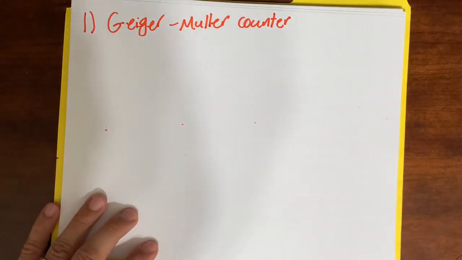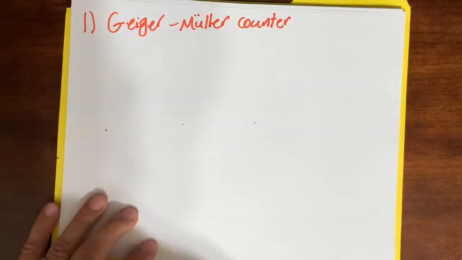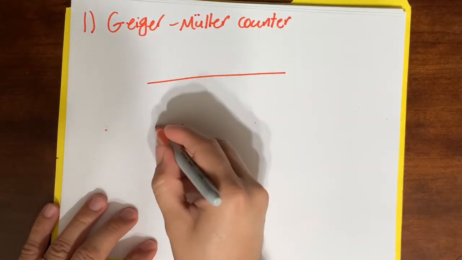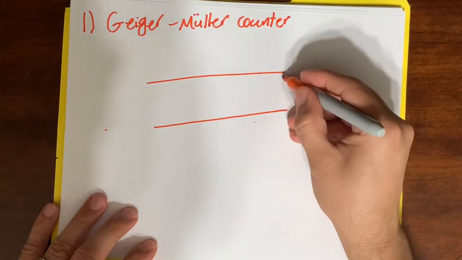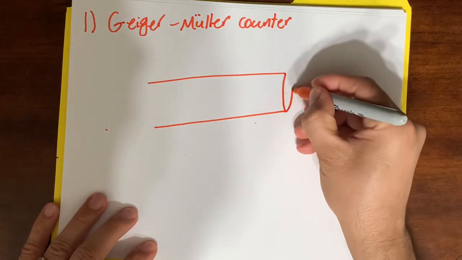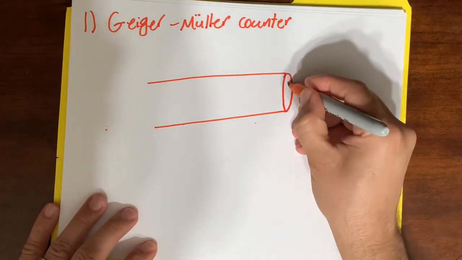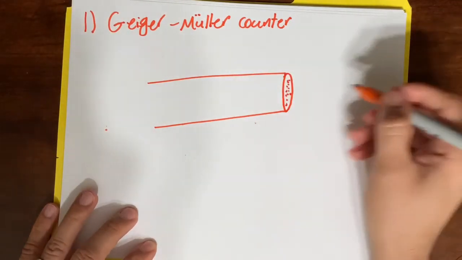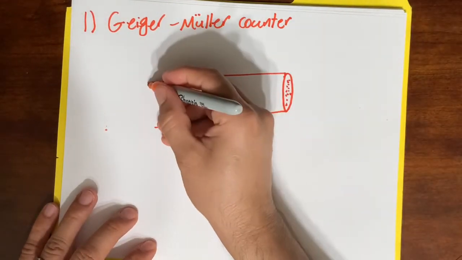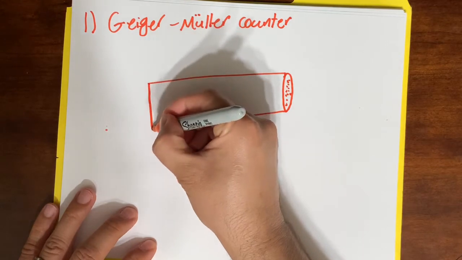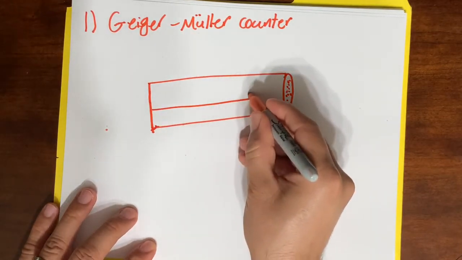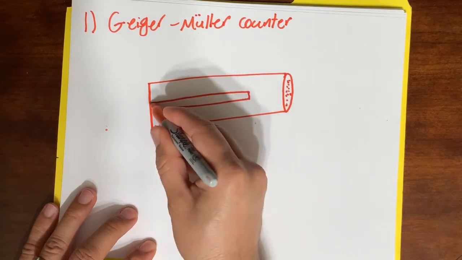The Geiger-Müller counter is a tube, and this tube here has a place for particles to get in, and here we have a kind of pin.